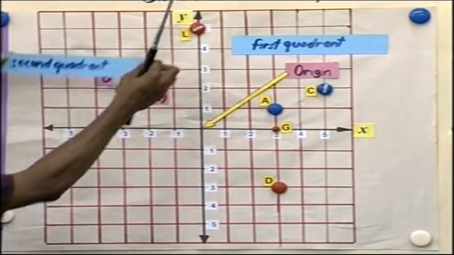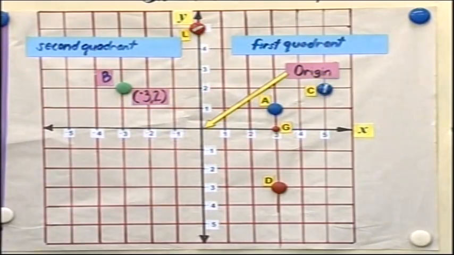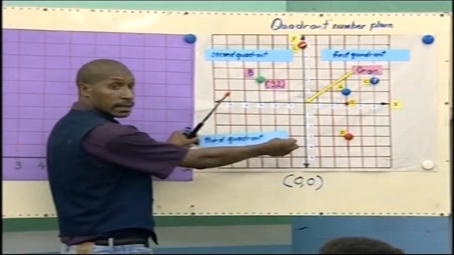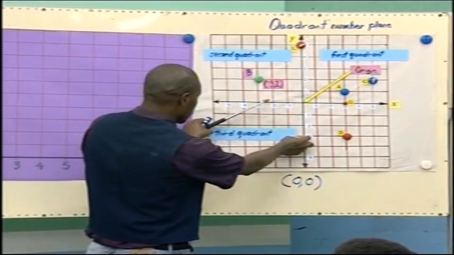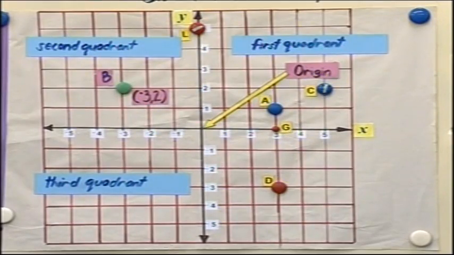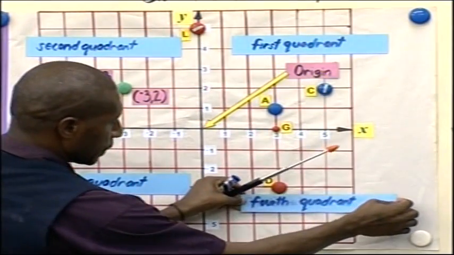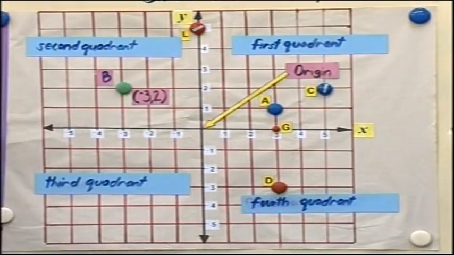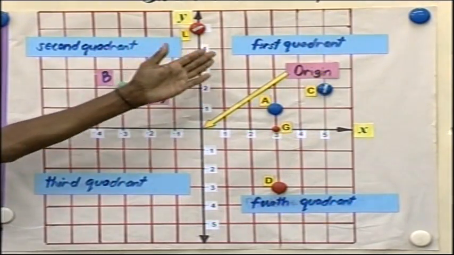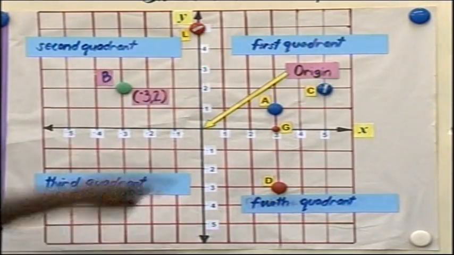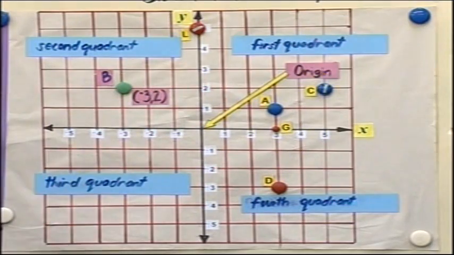Second quadrant. And this quarter becomes the third quadrant. And the last one becomes the fourth quadrant. Now, the quadrants, are they from left to right or right to left?